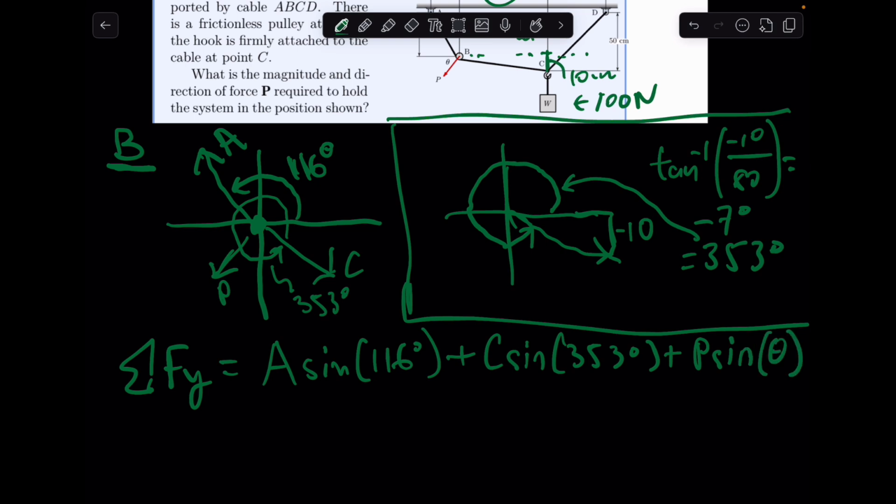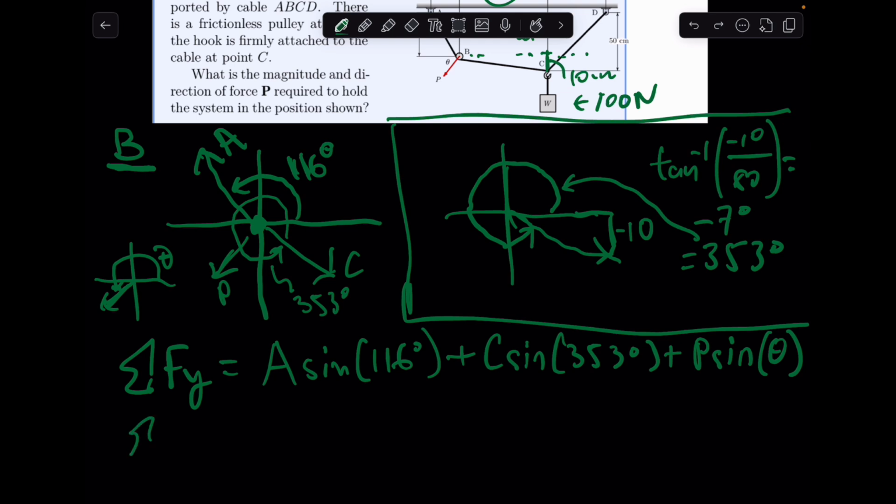We don't know what theta is. We're just assuming whatever from here to here, that's going to be theta. So imagine we have P here. It's getting a little bit messy, so I'm going to put it here. This is P. From here to here, whatever theta is, it doesn't matter what it is. We're going to find out. This is one of our unknowns, theta there.